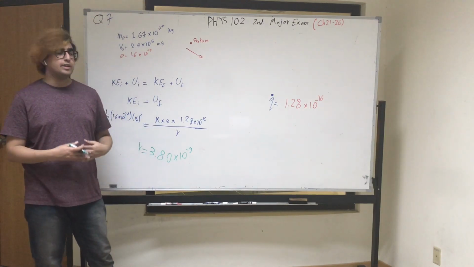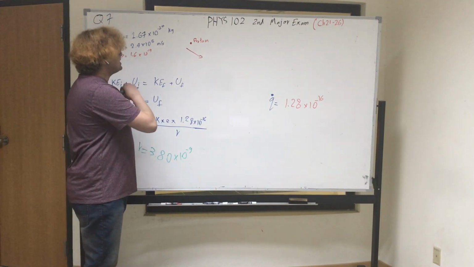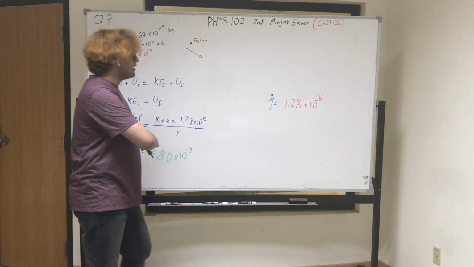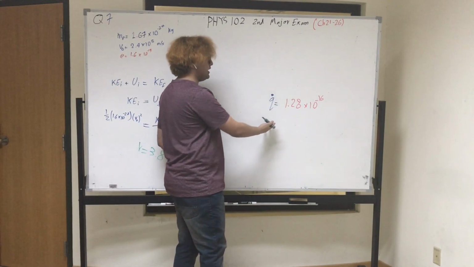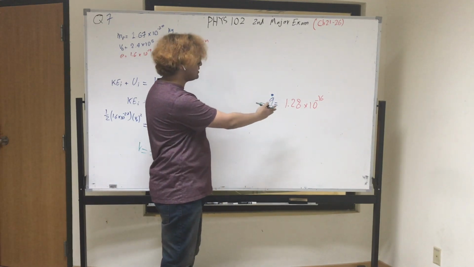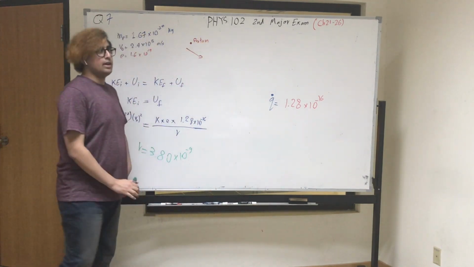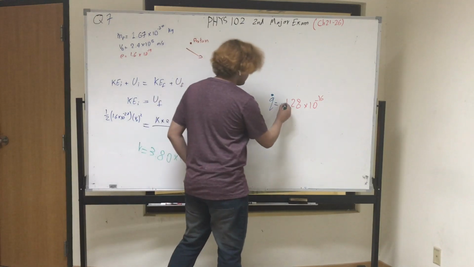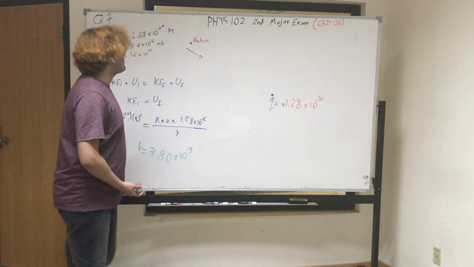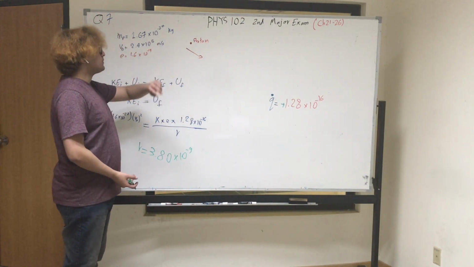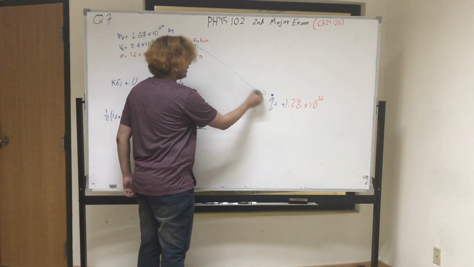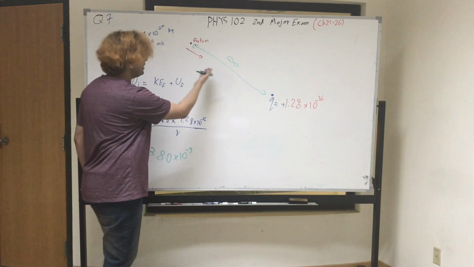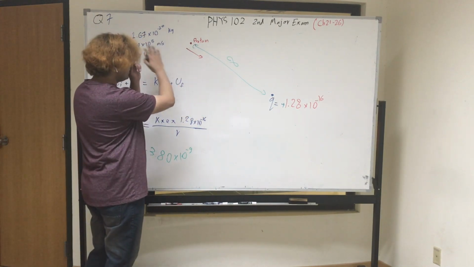Alright guys, so question number 7 is basically asking, so it says that we have some sort of charge, okay? And that charge is equal to 1.28 times 10 to the negative 16. It's a positive charge. And then we have some proton at infinity. So initially, the distance between the proton and this charge is infinite.